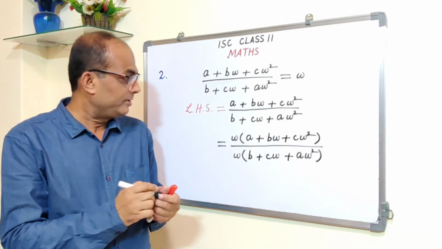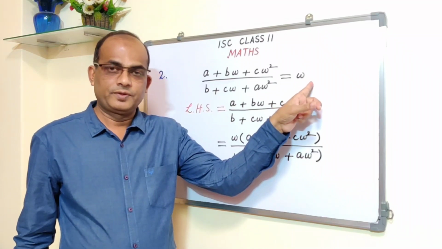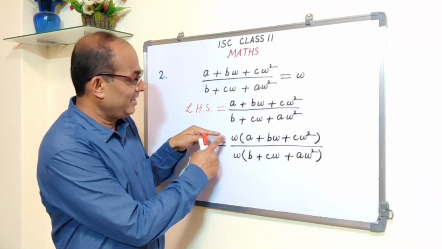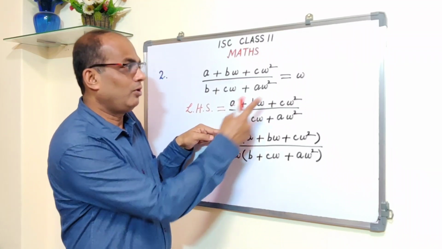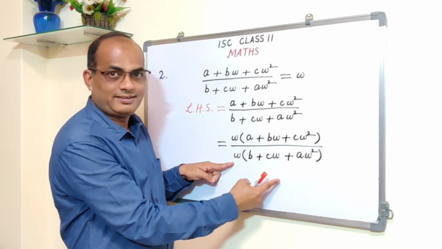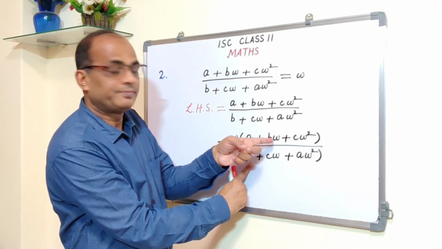Now see, have a look. We want omega in the right hand side. So if we keep this omega aside, which we want in the result, now see what happens if we take this omega inside. You get B omega, you have B omega here.